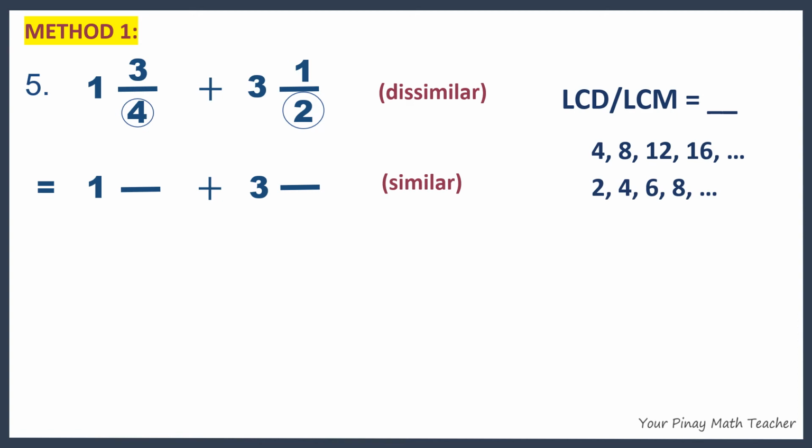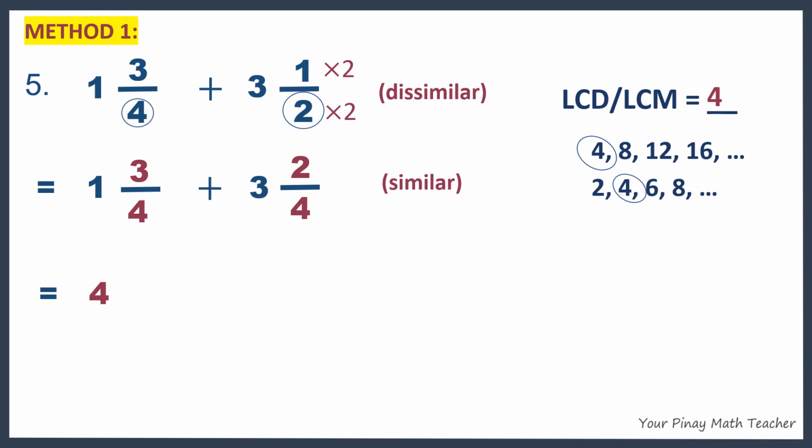Based on the list, 4 is the LCD. Now, our first fraction is 3/4. Since it has a denominator of 4, we simply have to copy 3. But in 1/2, we need to multiply both by 2 to get a denominator of 4. So we have now mixed numbers with similar fractions, so we can now add them.